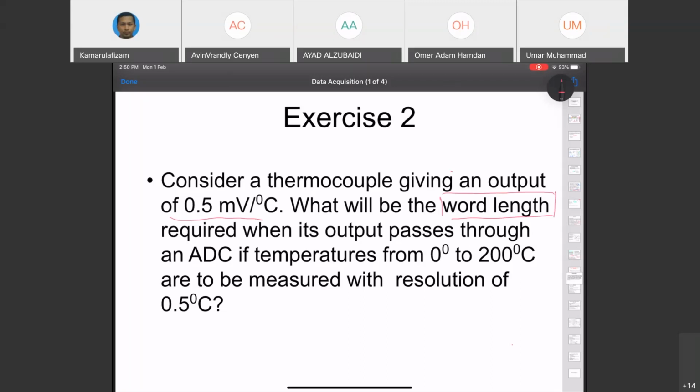At 200 degrees Celsius, more or less we know the maximum voltage that we could get from the sensor, right?